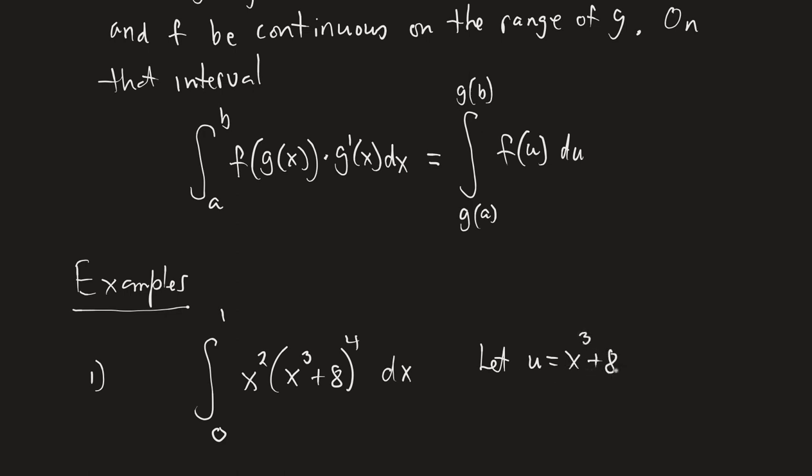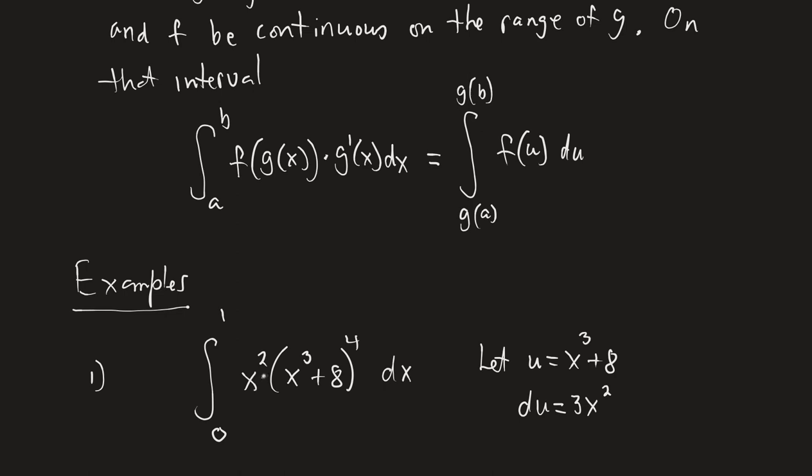And then immediately I'm going to write down my du. So it's 3x squared dx. Now I can see the x squared, right? But unlike a previous example, we don't have the constant 3 multiplying the x squared.